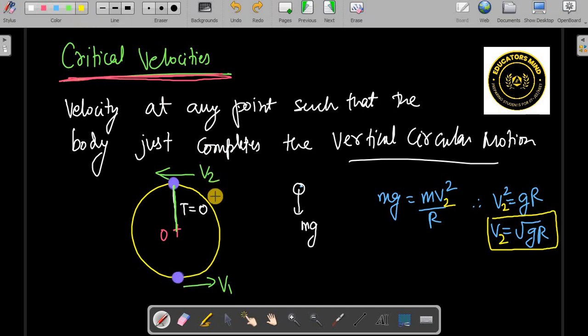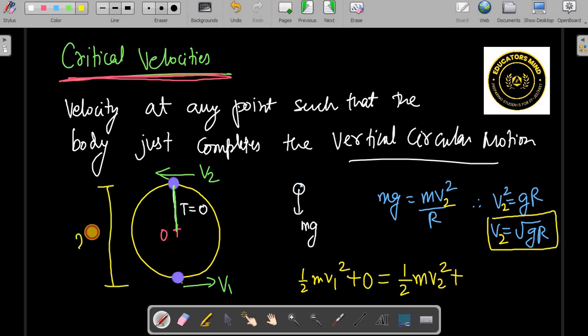Then we can calculate V1 by applying energy conservation. At the bottom, kinetic energy is half m V1 square and potential energy is 0. At the top, kinetic energy is half m V2 square, and the potential energy, with height equal to 2r, is mg into 2r.